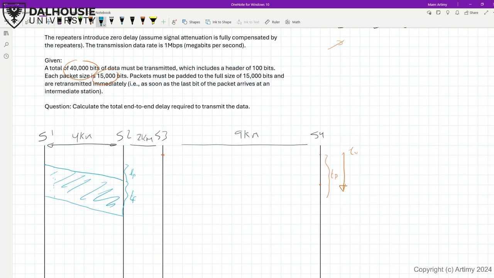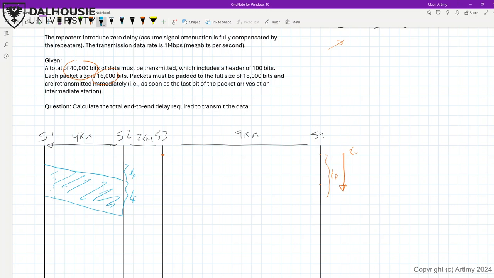All right, so the question says that packets must be padded, so all of them must be 15,000, and are retransmitted immediately as soon as they reach the intermediate station.